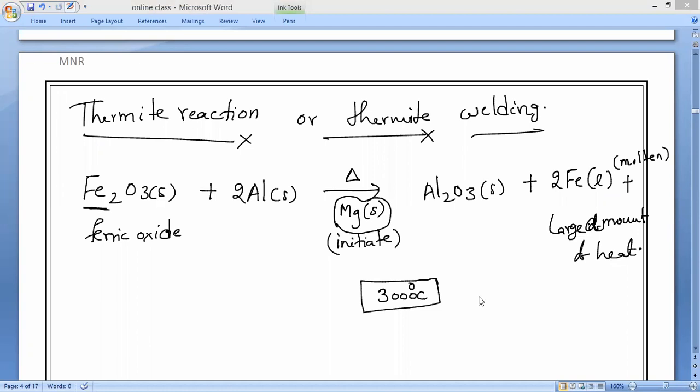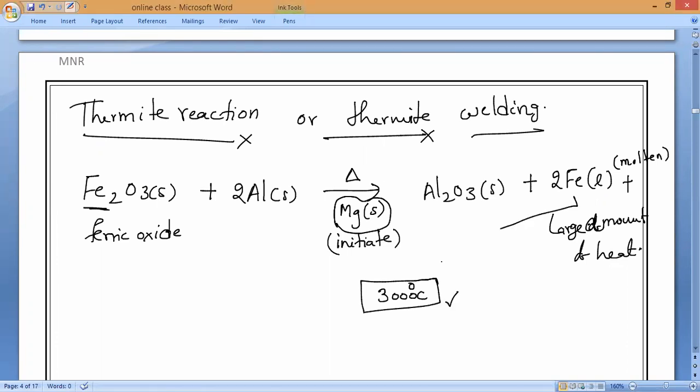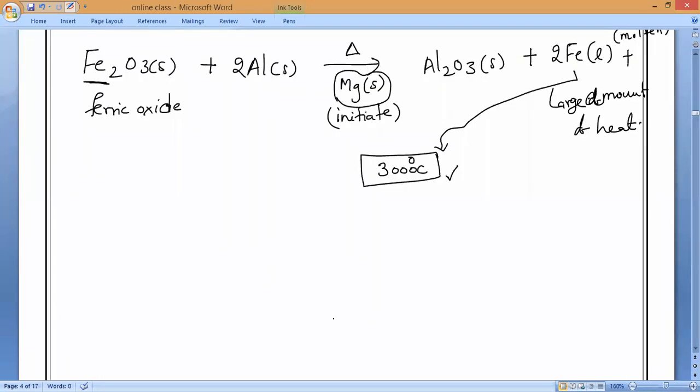It is an exothermic reaction and produces the molten iron at what temperature, guys? 3,000 degrees Celsius around. That is why it is called a highly exothermic reaction.